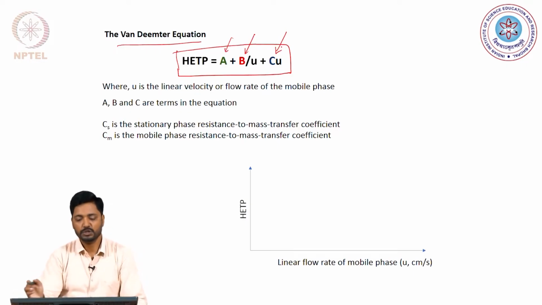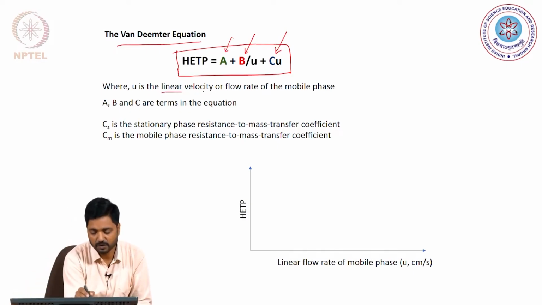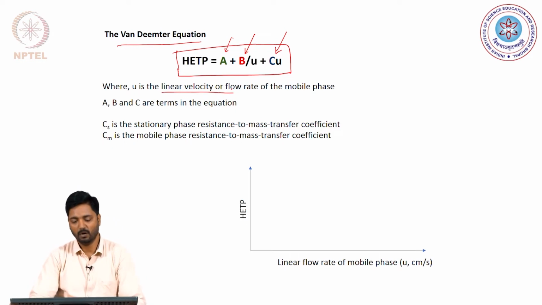Now, u is the linear velocity or the flow rate of the mobile phase, and A, B, C are the three terms present in this equation. In the subsequent slides we will be understanding what these terms individually are.